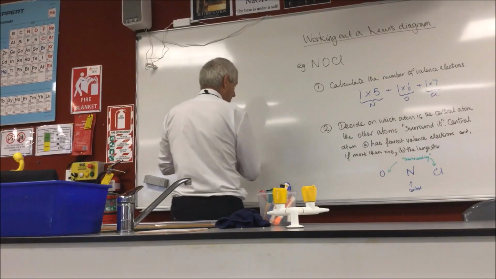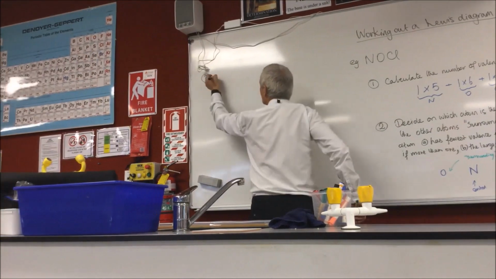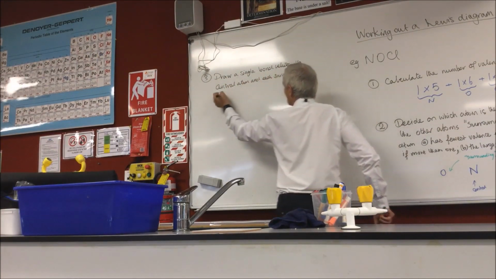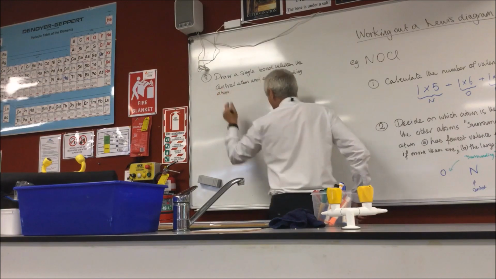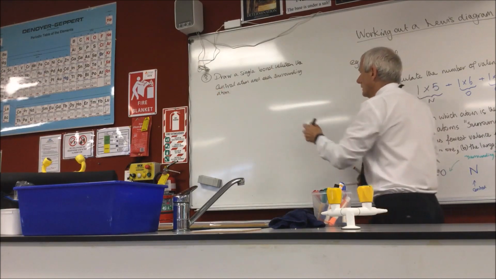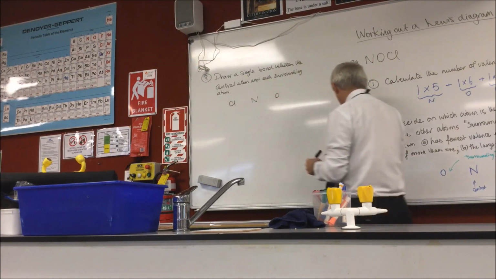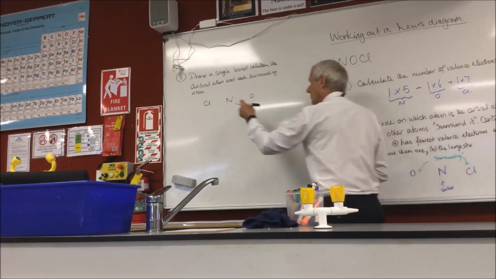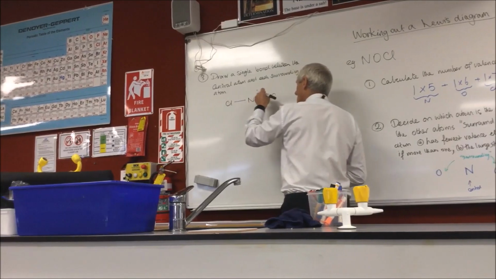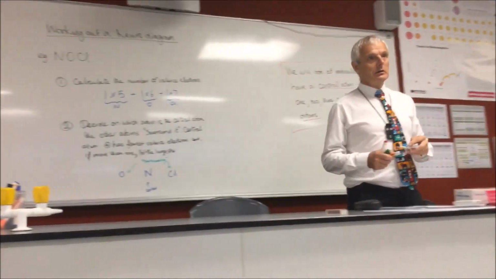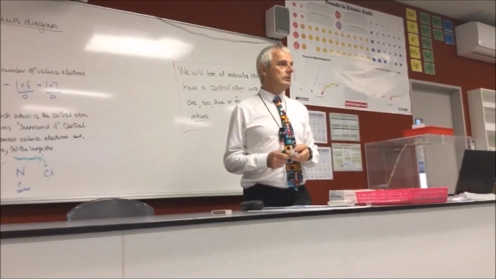Next step is very straightforward. So we're going to draw nitrogen, chlorine, and oxygen, and how many electrons is that? 2 bonds.